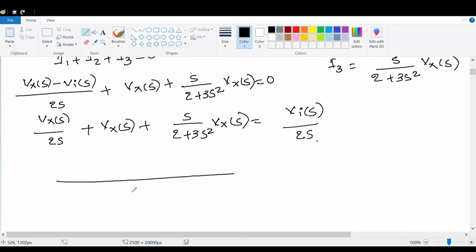Now let's take common 2s into 2 plus 3s square and take Vx of s outside.